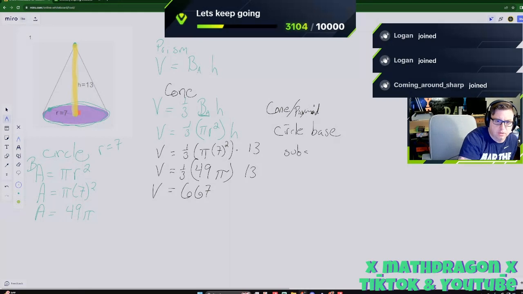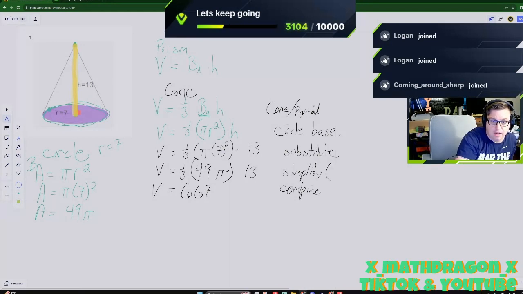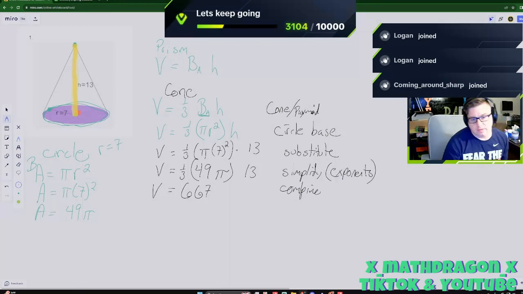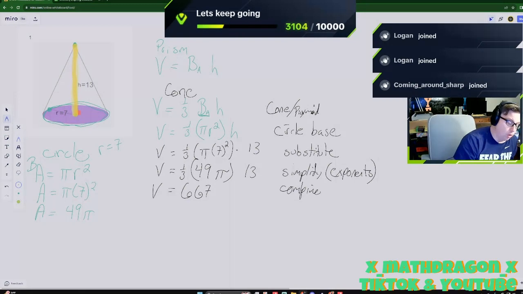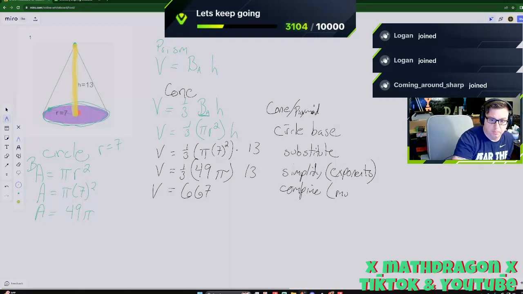Then we substitute our numbers in. Simplify, and combine like terms. And instead of simplify, we could have said exponents, because we got rid of the exponents, and then combine like terms. Or you could have put multiply. All of that works, okay?